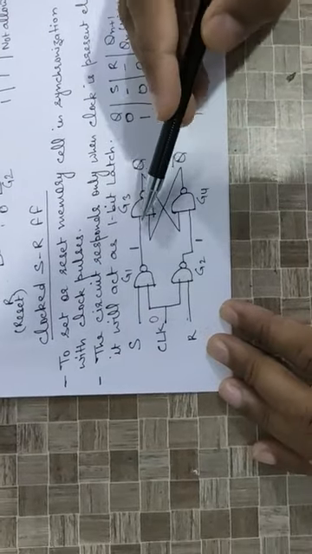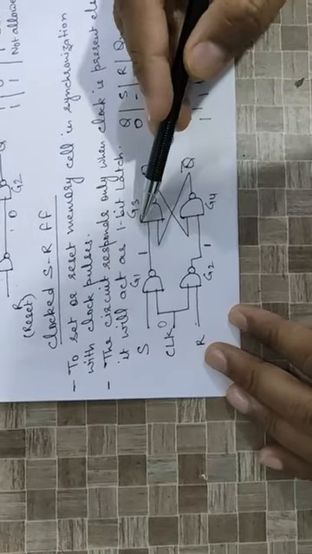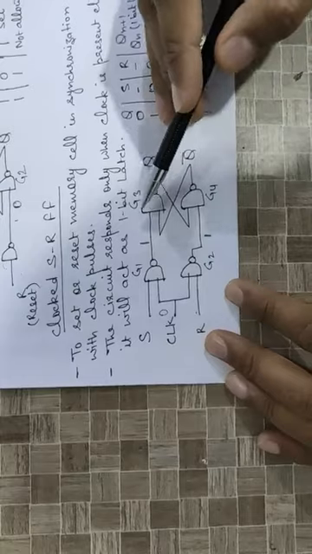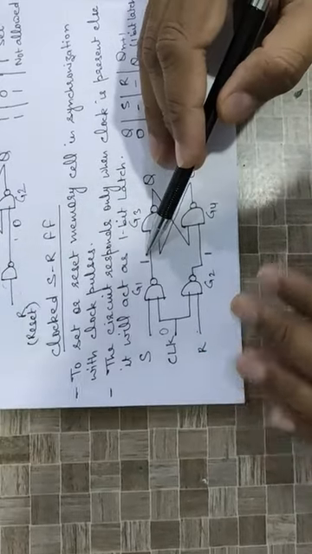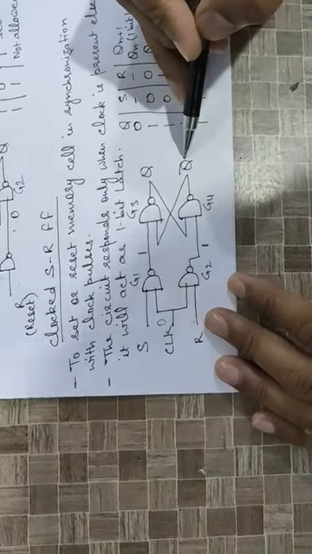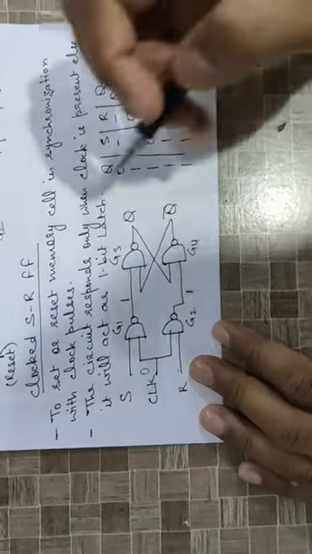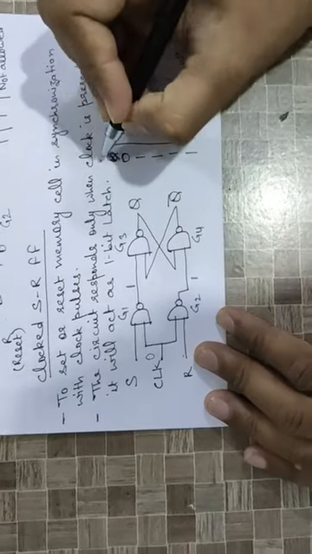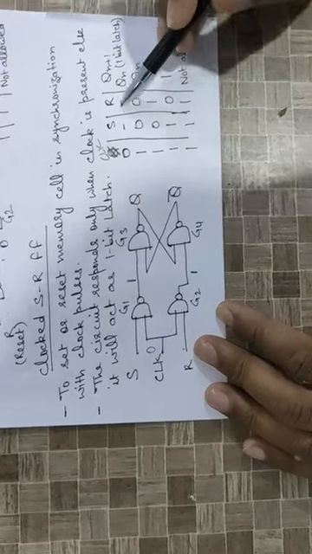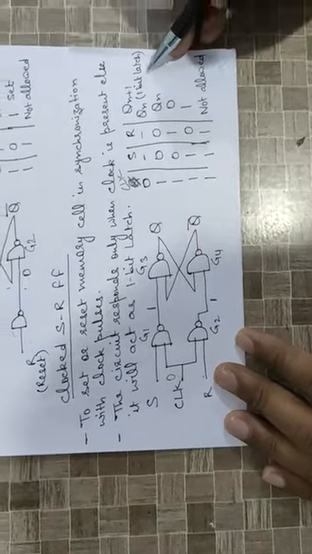Now if the inputs to the gates G3 and G4 are 1, I have told you just now that the output will depend on the second input only, and it will not depend on the value of 1. So it will be acting as a latch, which we have discussed earlier. So it is written here that if the value of clock pulse is 0, whatever be the value of S and R, it will be acting as a 1-bit latch.